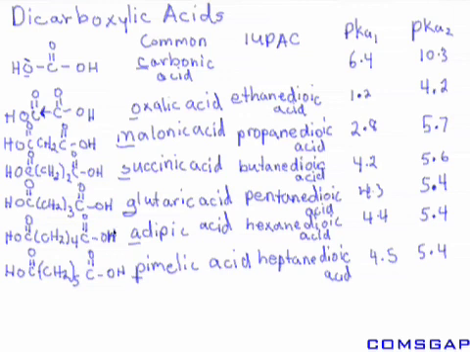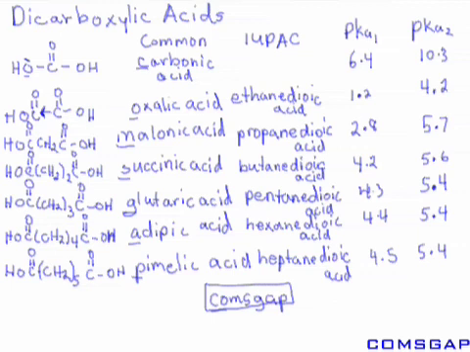You can always remember a dicarboxylic acid with that many carbons, so count the letters. So you know malonic has 3 carbons in it. It must be a propane dioic. So this memory aid, COMSGAP, can be useful in helping you retain the common names, which are very important to know. And you are required to know both the common and IUPAC names.